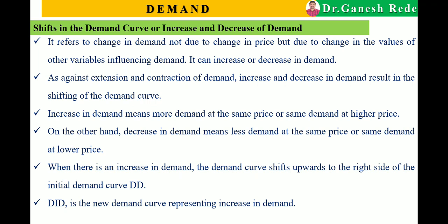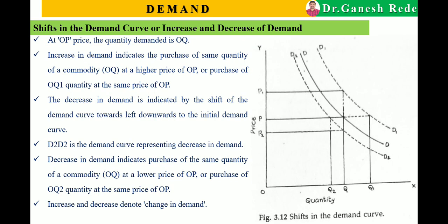D1 is the new demand curve, representing the increase in demand. Here you can clearly observe that increase in demand means a shift of the original demand curve to the right side. Decrease in demand means a shift of the original demand curve to the left side.